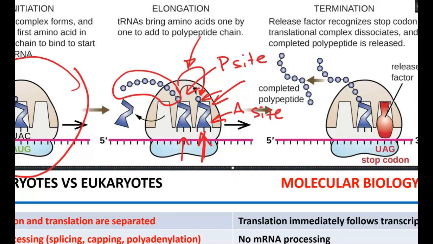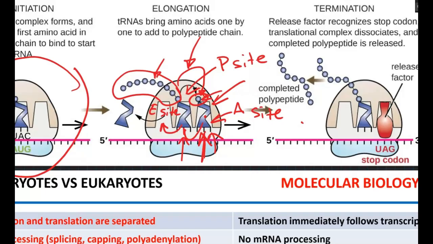When the ribosome shifts, this tRNA without any amino acids ends up in the E site, for exit. This tRNA, which now has that polypeptide plus the extra amino acid, ends up in the P site, and the A site becomes free.